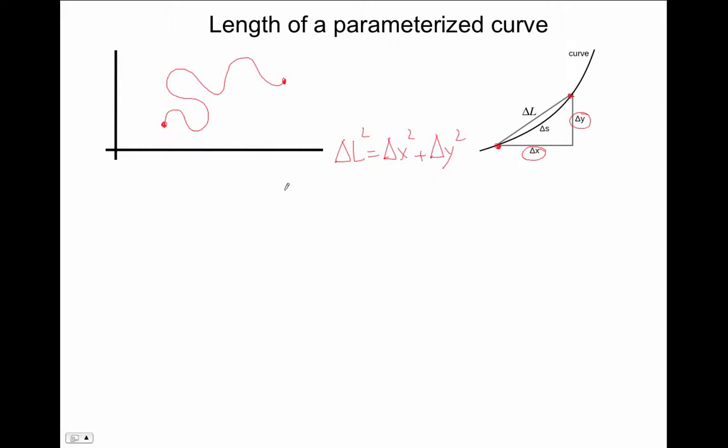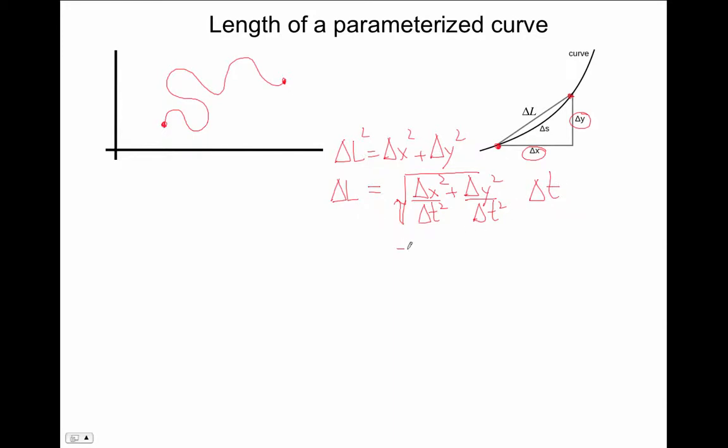Now, let's write this slightly differently. Let's write delta L as the square root of delta x squared plus delta y squared. And now let me divide this by delta t squared and this by delta t squared and multiply by delta t out over here.